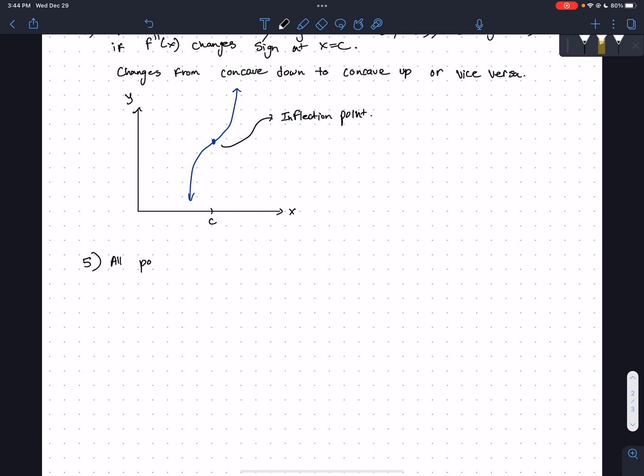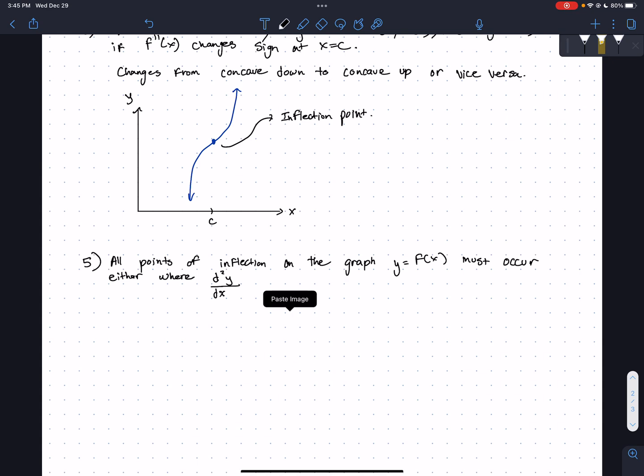All points of inflection on the graph y equals f of x must occur either where d squared y over dx squared equals 0, or where d squared y over dx squared is undefined.